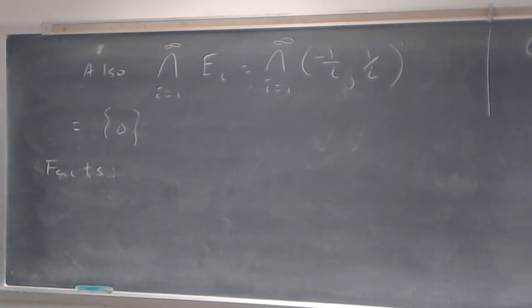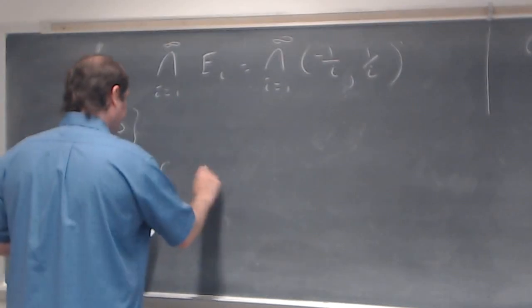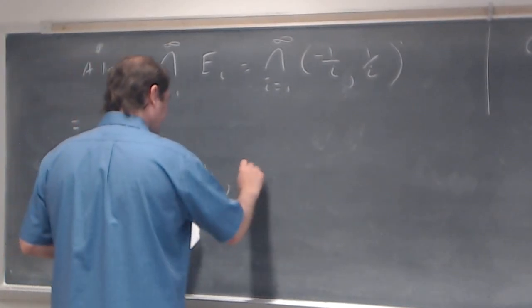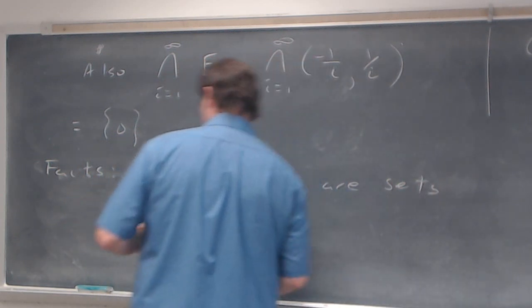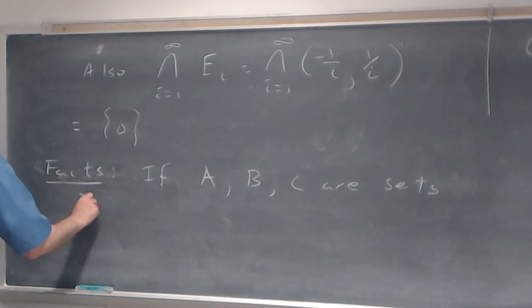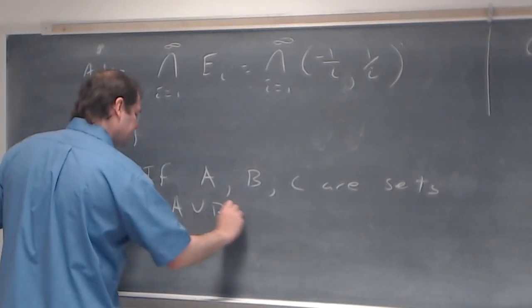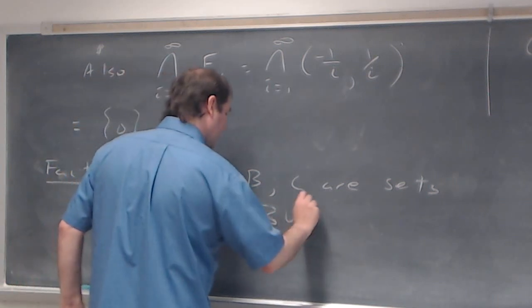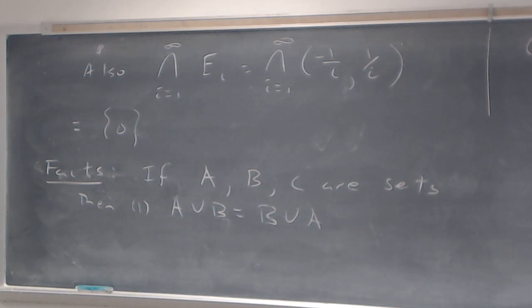Okay. And some facts having to do with set theory. If A, B, and C are sets, then one of the things we have is A union B is the same thing as B union A. So the order in which we union them doesn't matter.